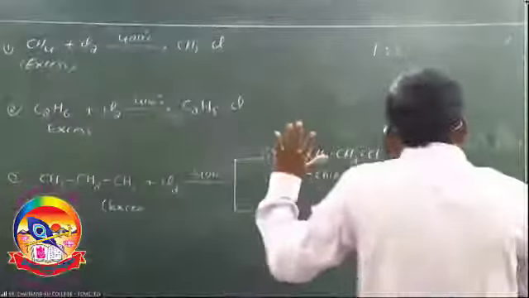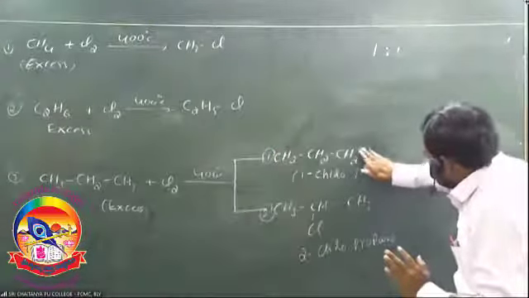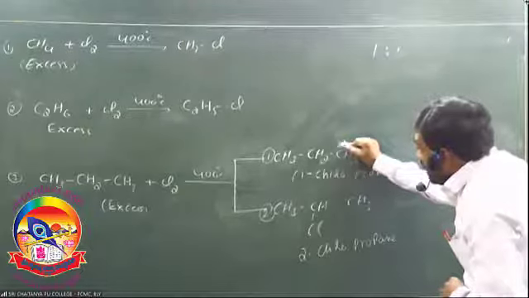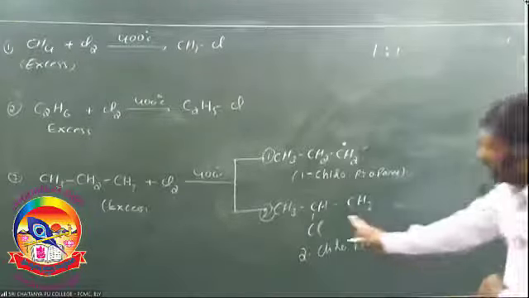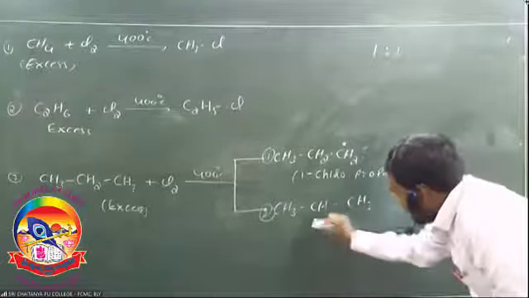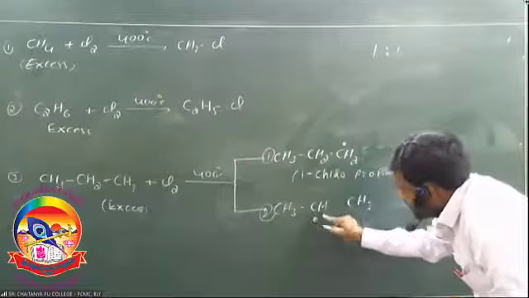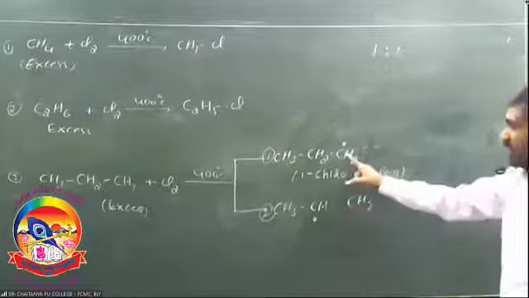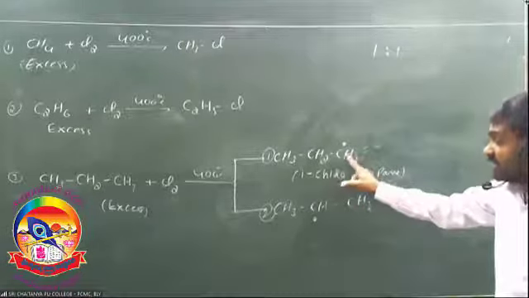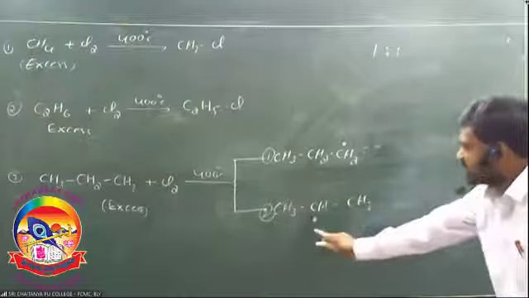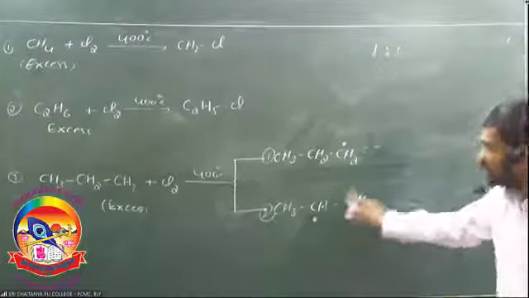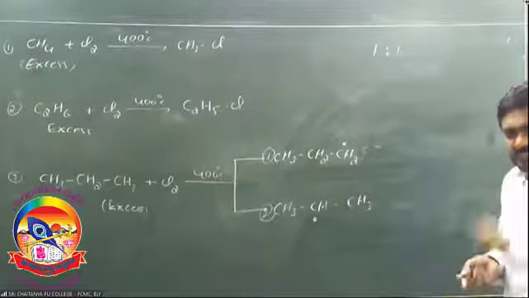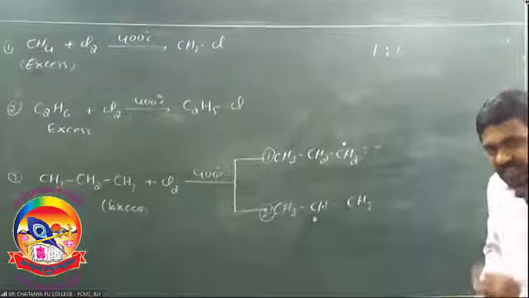Suppose chlorine is substituted on the first carbon. It is a free radical. What is the type of this free radical, primary, secondary or tertiary?